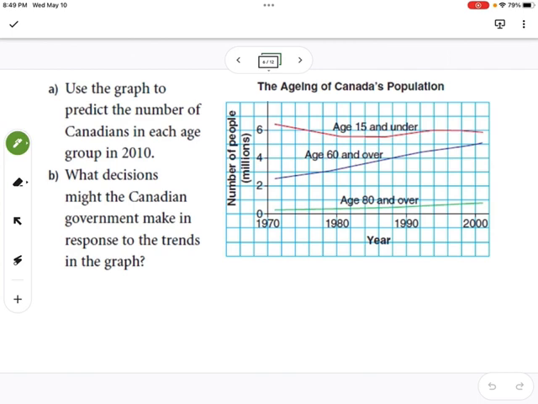The blue or purple line there is age 60 and over. And the green line is 80 and over. So use the graph to predict the number of Canadians in each age group in 2010.